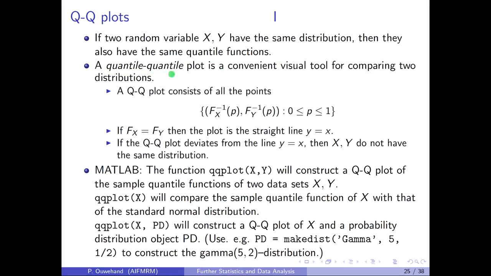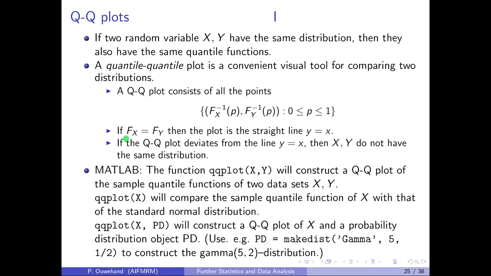Now a quantile-quantile plot or QQ plot is a convenient visual tool for comparing the two distributions. It consists simply of all the points: the quantile function of X evaluated at the point p, and the quantile function of Y evaluated at the point p. So we have here an ordered pair consisting of the quantile functions evaluated at the same points p.